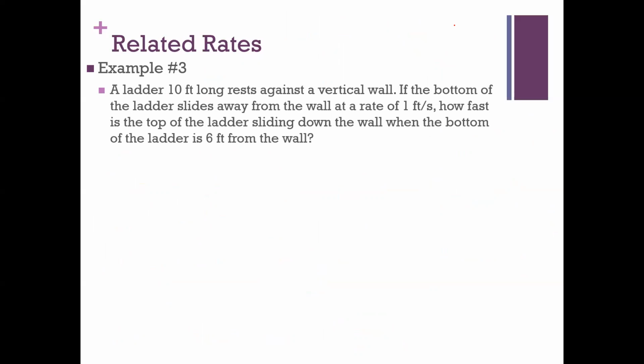Vertical wall. One thing we haven't done, which might be a good idea to do, is this. Actually, draw the thing we're talking about. The wall and a floor. The ladder.